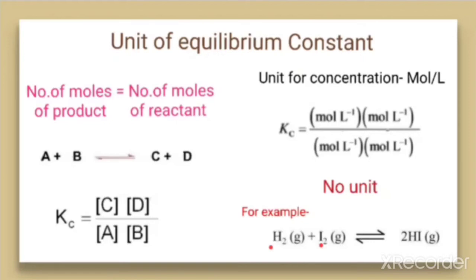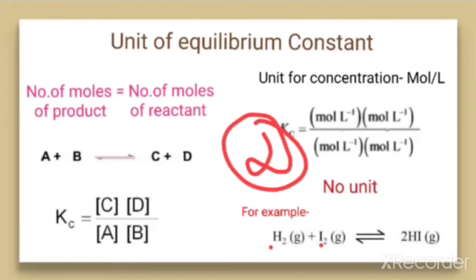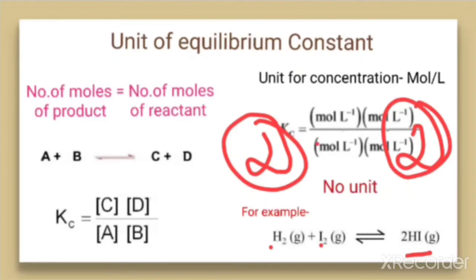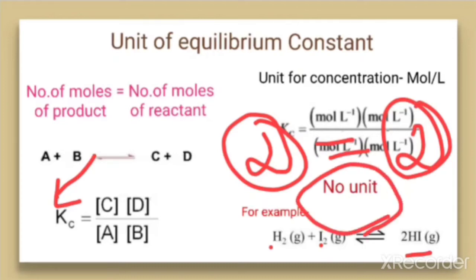That means a total of 2 moles of reactant, and here 2HI means 2 moles of product. So the number of moles of product is equal to the number of moles of reactant. In such a case, we will have only the numerical value of Kc. There will be no unit.